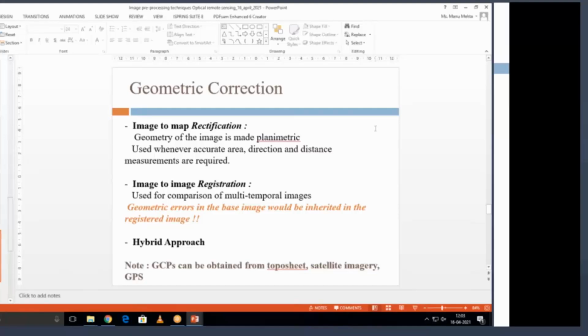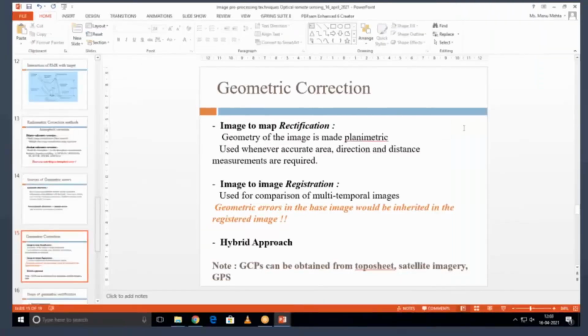So what we do is, we take a reference image and we take the image that we need to correct. Now, if the reference image which I'm using is a topo sheet, or ground-based information collected from GPS, then the process is called rectification. That is, you give the actual coordinates of the ground to the image that you need to correct.